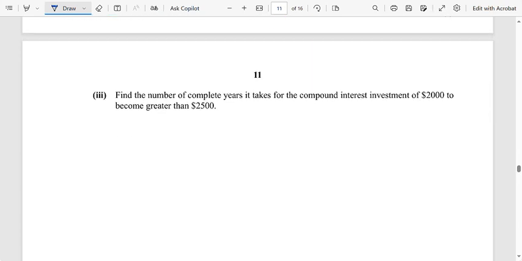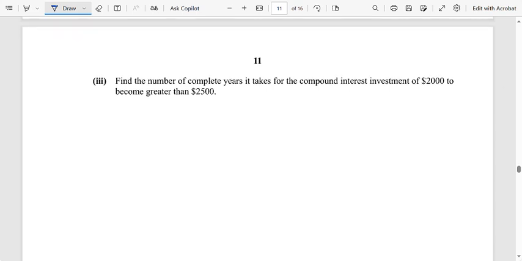Find the number of complete years it takes for the compound interest investment of 2,000 to become greater than 2,500. So the formula is CI is equal to P of 1 plus R over 100 to the power T, where the principal, which is what we are investing, is 2,000.